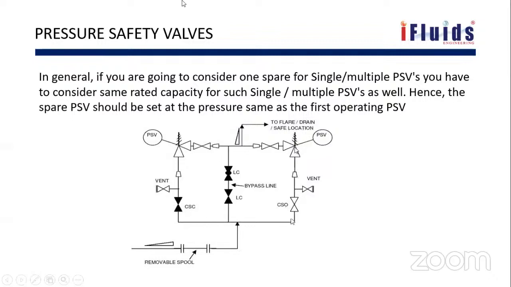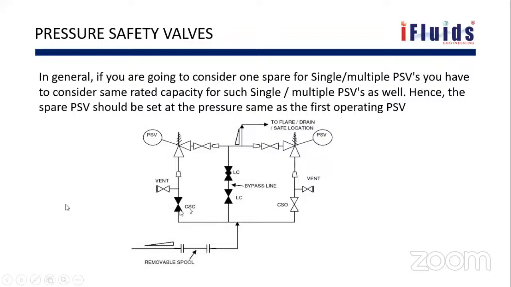It means that this PSV is in line. You can see here CSC, car seal closed. Sealing is nothing but a lock which is provided to prevent operation of the valve. It might be a chain lock, or a cable tie secured properly, or a lock itself provided.